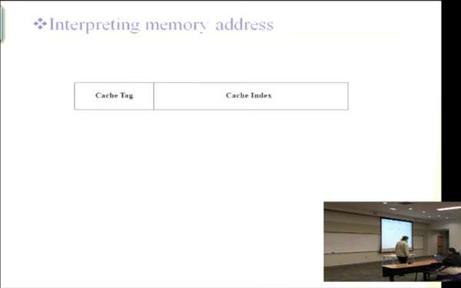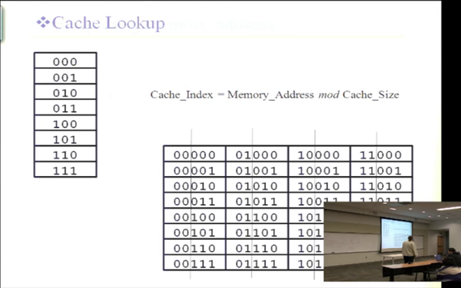So now how do we interpret this memory address? And I want to show you this type of notation. If this is the memory and this is our cache, if you look at our example, it was 0, 1, 2, 3, and so on until 7, and then it starts with 8, 9, 10, and so on.